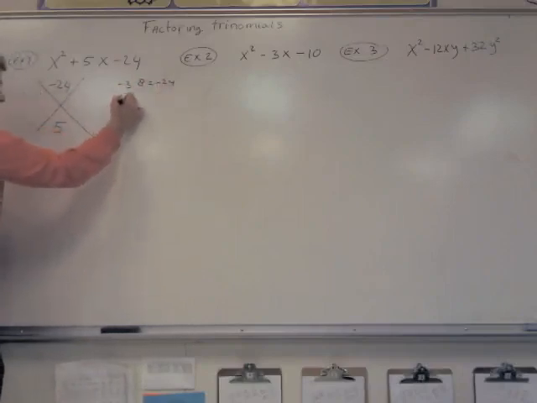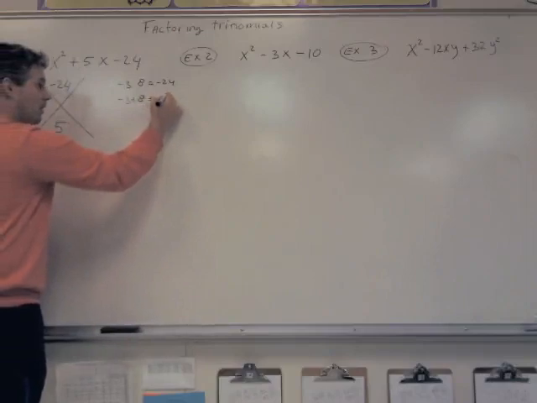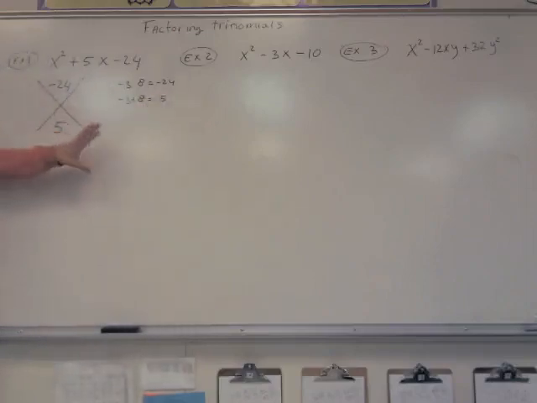And negative 3 plus 8 gives me a sum of 5. For more detail on how to find the numbers, I refer you back to the video that explains how to solve diamond problems.